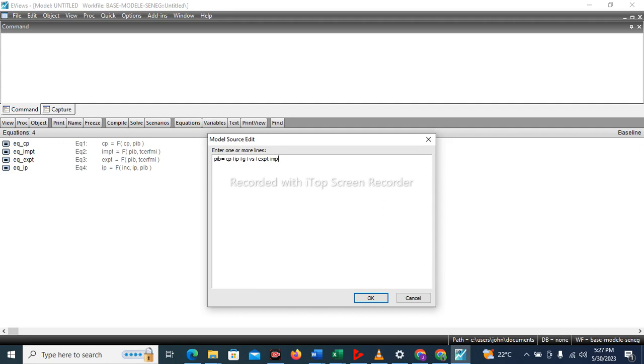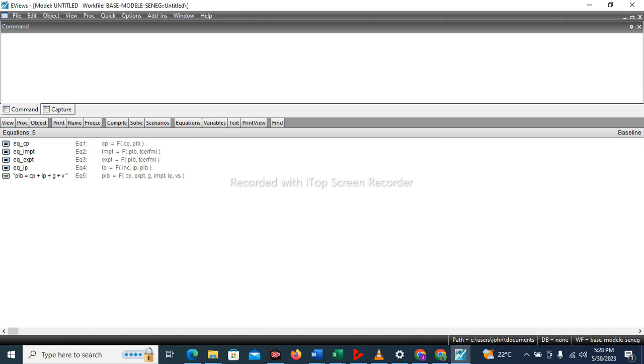That is our GDP. Basically, that's how we calculate GDP using the expenditure method. So once you have that, it's our identity equation. You click OK. So we have it now.